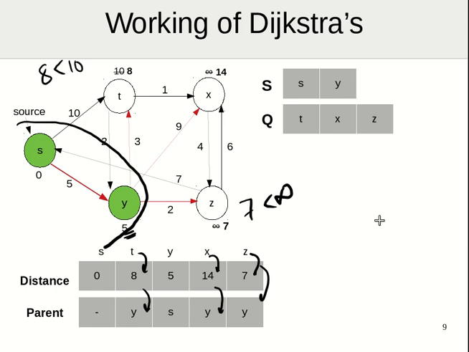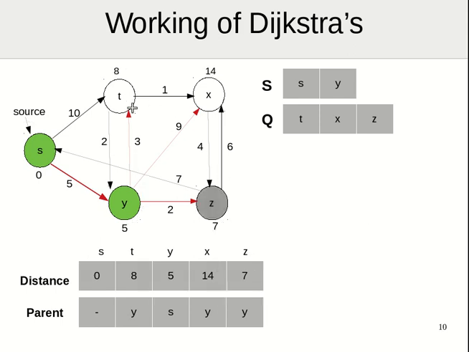Now again I'll do extract min. Do not consider this one; out of all remaining, these 3, which is minimum? 8, 14 and 7. 7 is minimum, so z is minimum, right? Now I'll find all the outgoing links from z. From z I have 2 outgoing links, one is to s, but s has already been visited, so I'll ignore this outgoing link. There's one more outgoing link to x.